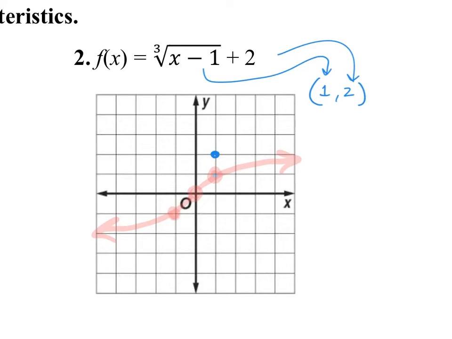So if I move this guy, let's put a little blue highlight dot on. If we move him to the right 1, up 2, he'll look like that. The other point right here, right 1, up 2, lands it there, and then it would look like this.